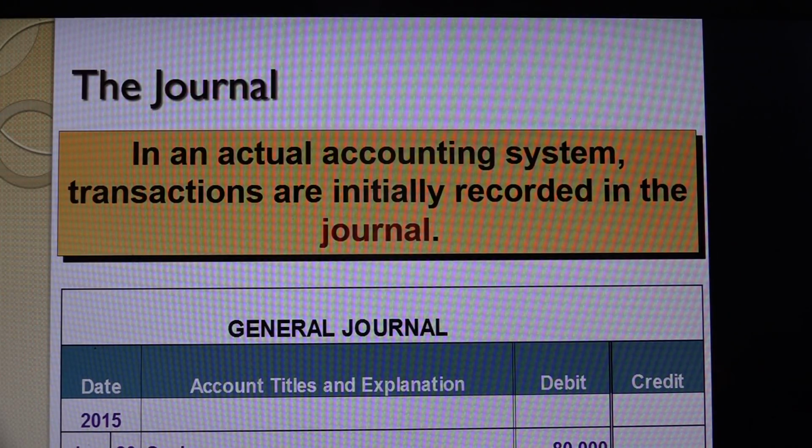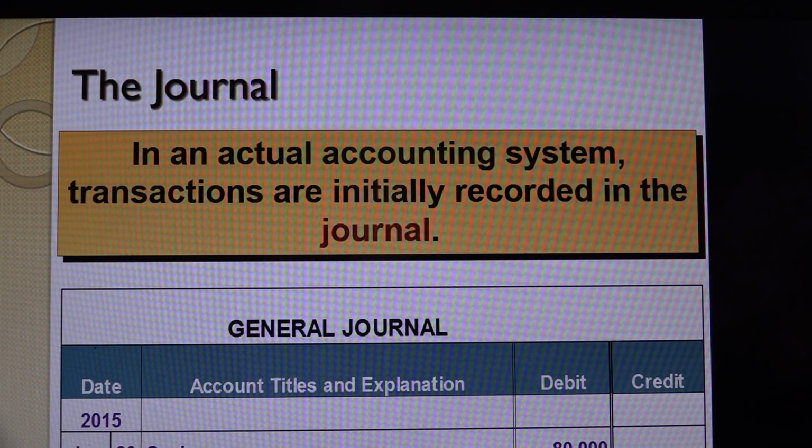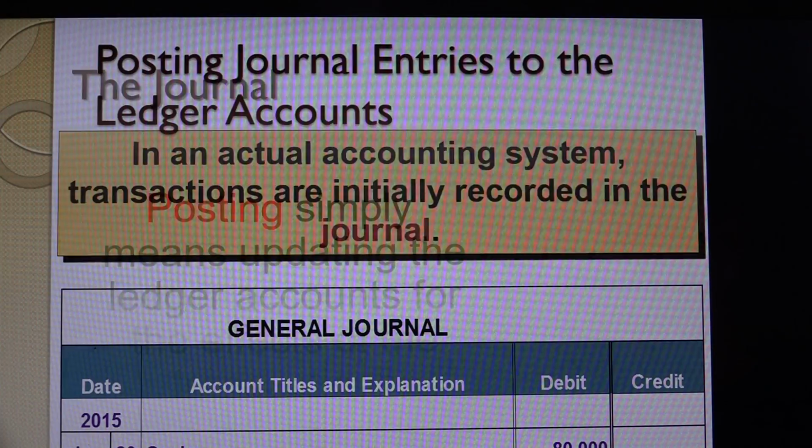So after you analyze, and if a transaction does affect the accounting equation, first thing you're going to do is journalize the transaction, usually in the general journal. And then from there, you're going to post it in the particular ledger account that a transaction affects.